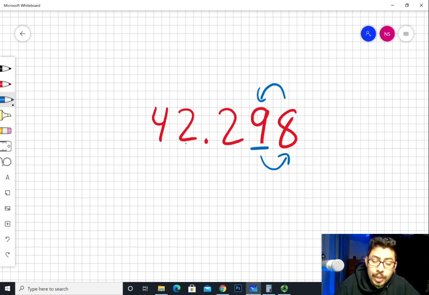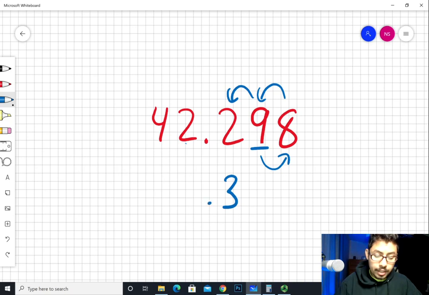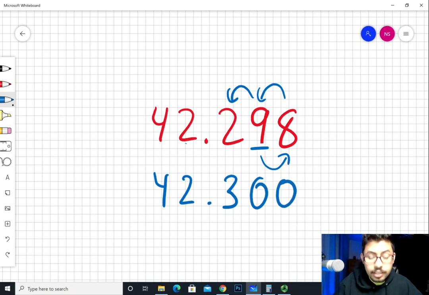If you have a situation where the number that you're rounding is a 9, and you increase it by 1, what it technically does is jump over to the next one. The number to the left gets the boost up to the 3. Everything to the left stays the same, and everything to the right gets converted to 0.